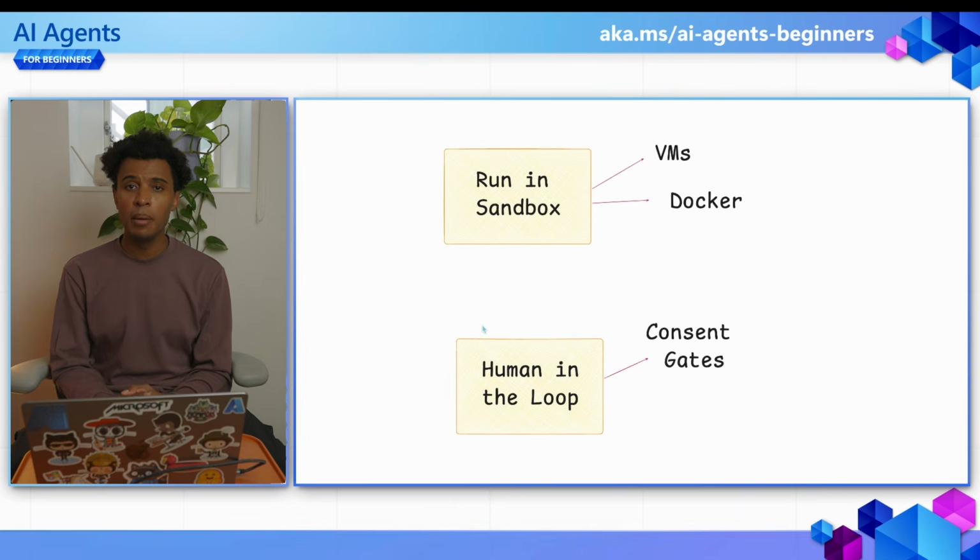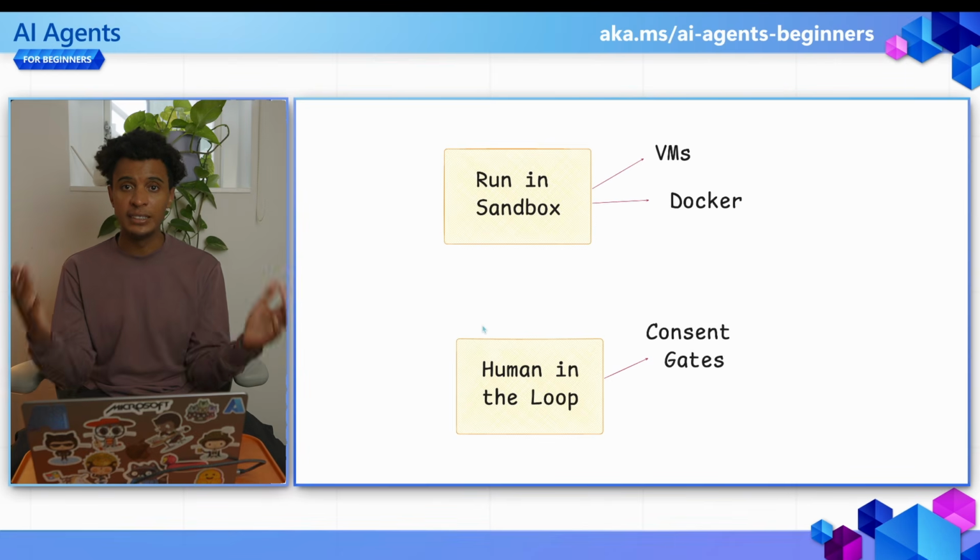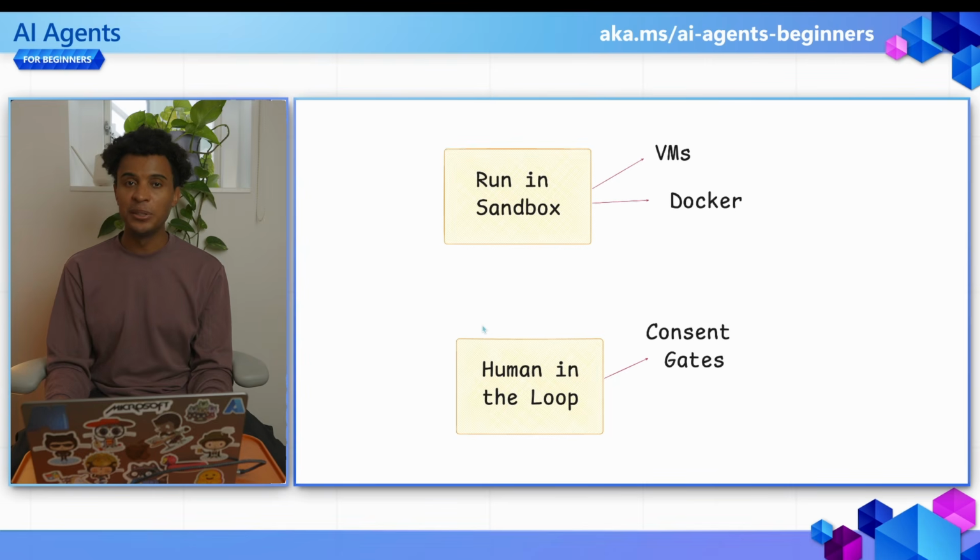There are two really main and critical ones that you can get started on today. The first one is always operating in a sandbox type of environment. Instead of deploying it directly on a computer that has personal information, company information, things like that, you can run this in a sandbox environment that's completely clean of those things, whether that's a virtual machine or something like Docker for the computer station to operate in.